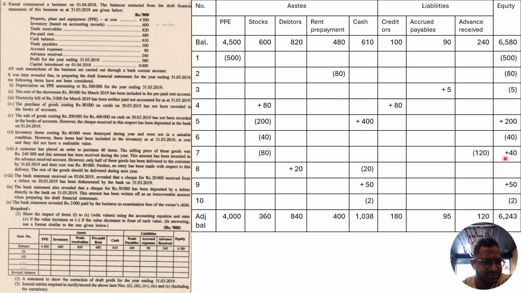And ninth one, what is that? Ninth one. Then the bad debts written off, which means the bad debts reverse entry, and this also you should add. And the last one, drawings. Our drawings are not affecting the profit. So only these transactions you should adjust, right?